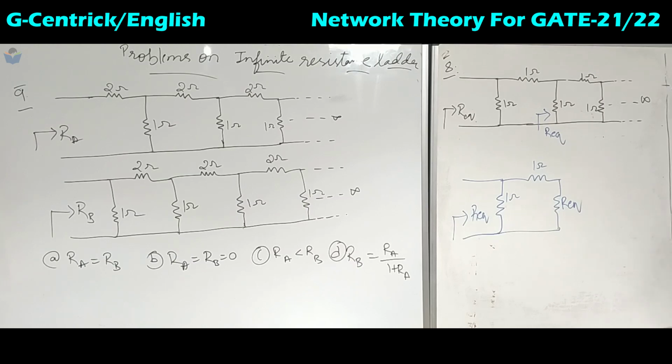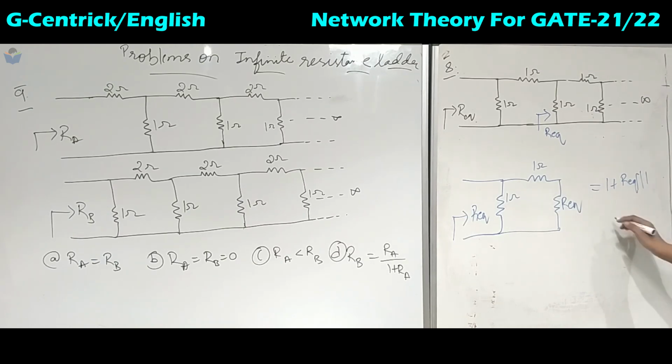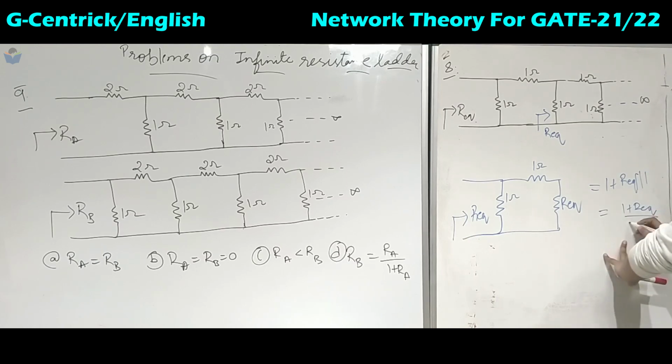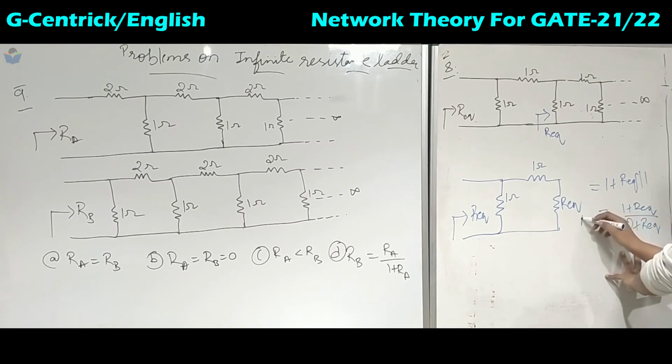Now what will happen, this and this are in series, so it is 1 plus R equivalent, and this 1 plus R equivalent is in parallel with 1. So we get (1 plus R equivalent) upon (2 plus R equivalent), since 1 plus 1 is 2. This is nothing but the value of R equivalent.